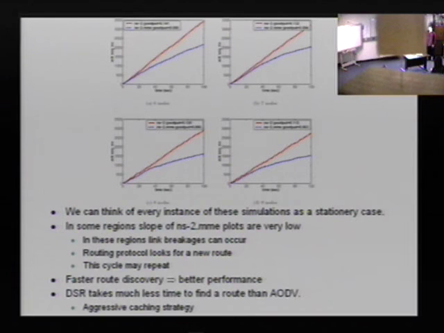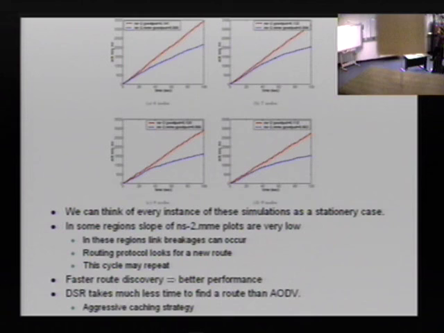So we see that in NS2, there's no problem. But here, with NS2 enemy, the slope is very low. So here, you might actually see link breakages. Like there is actually no mobility at all, but you might see link breakages.